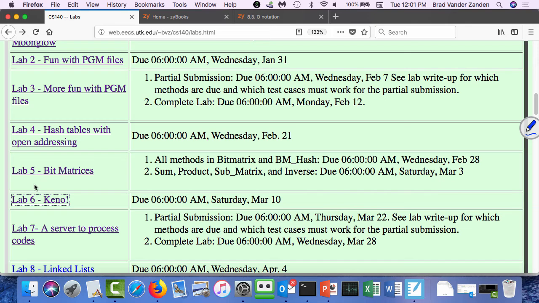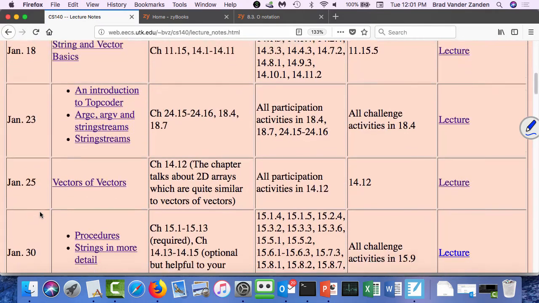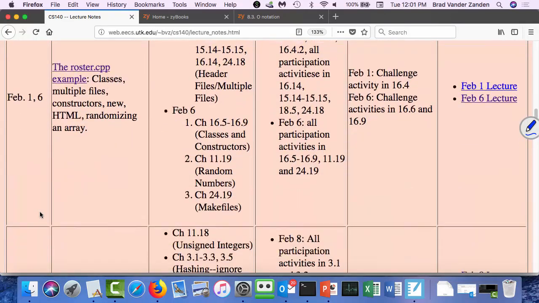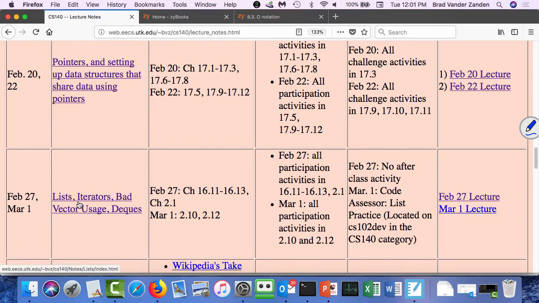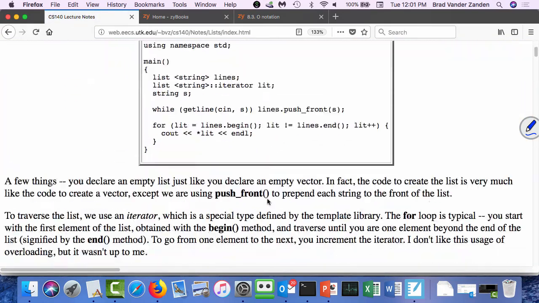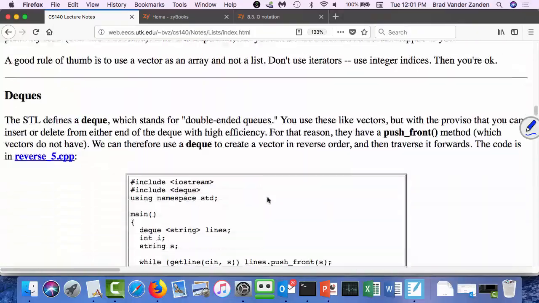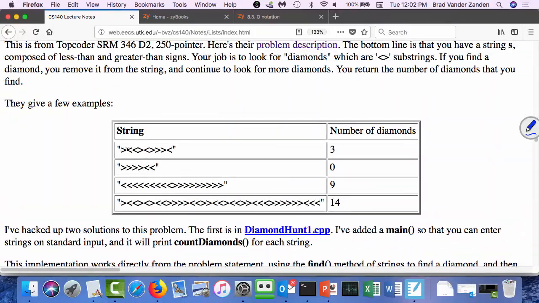I said I was going to finish up lists. I am going to let you find, there was another solution to the diamond hunter problem, which I'm not really going to go into, but which involved doing a substring find. So last time we showed you how you could do it with lists.